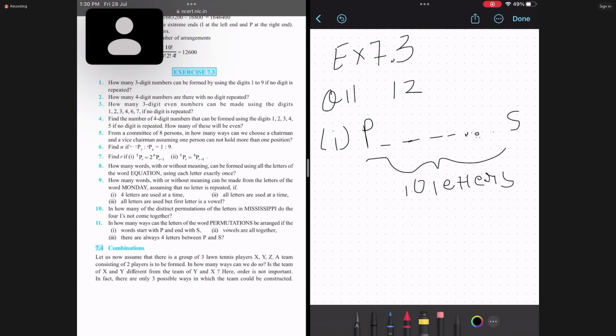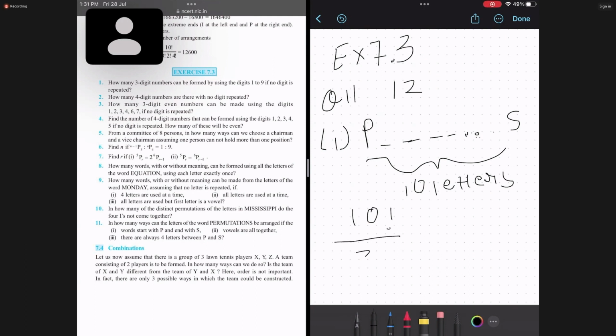We need to calculate how many ways we can permute when P and S are the starting and ending letters, right? So we have 10 letters. Of these 10 letters, only T is repeating, and T is repeating twice.